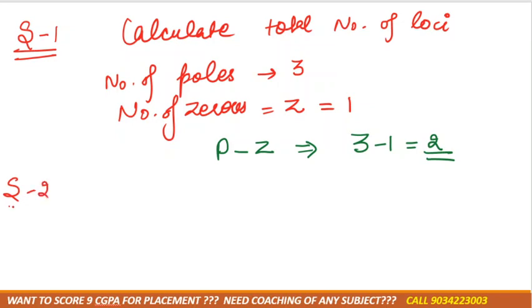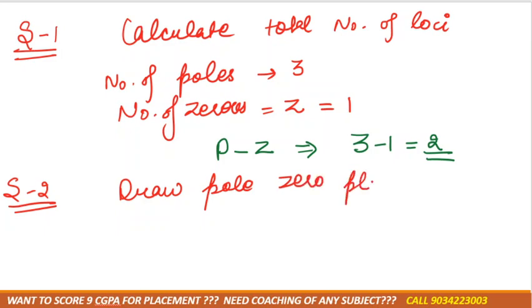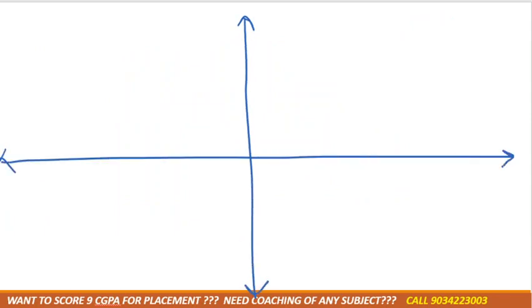Step number 2 is we have to draw the pole-zero plot, right? We have to plot the poles and zeros in the graph. You will get a normal graph paper, or you can draw it like this also. Suppose this is the real axis. The real axis is denoted by sigma and minus sigma. The imaginary axis is denoted by plus j omega and minus j omega.